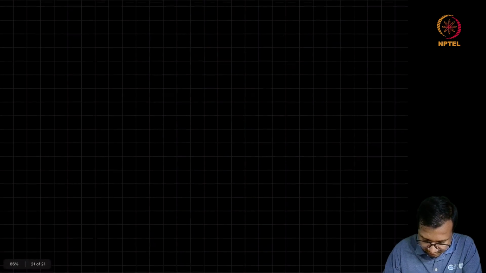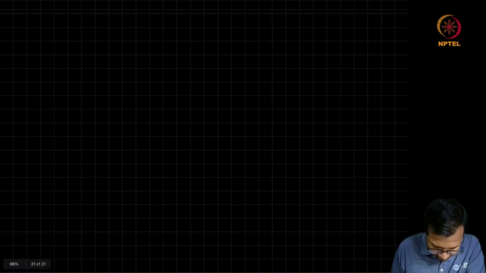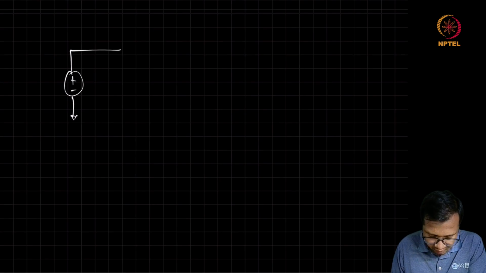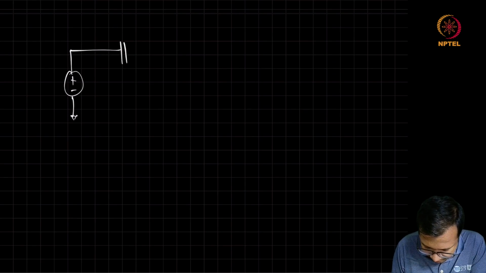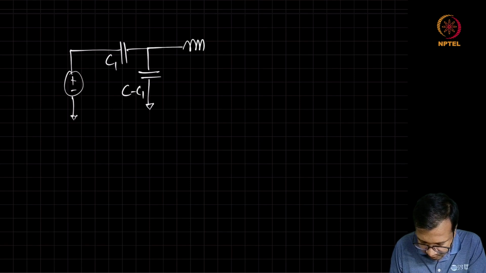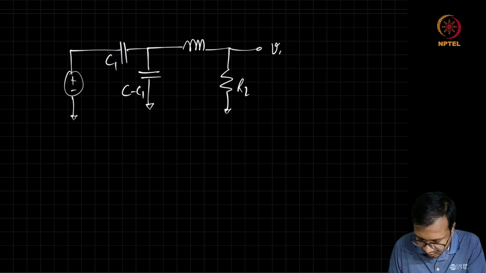So the overall circuit is going to look like you have the input square wave voltage source, and then we have these capacitors, so C1, and then this is C minus C1, inductor, and the load RL, this is output.